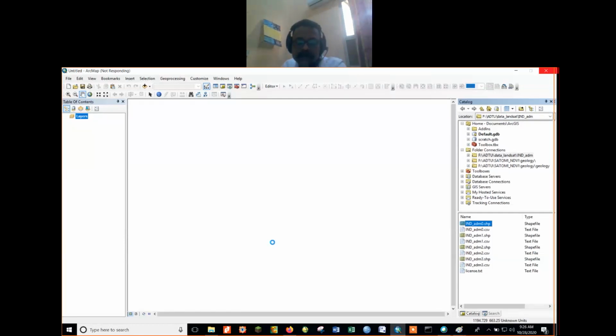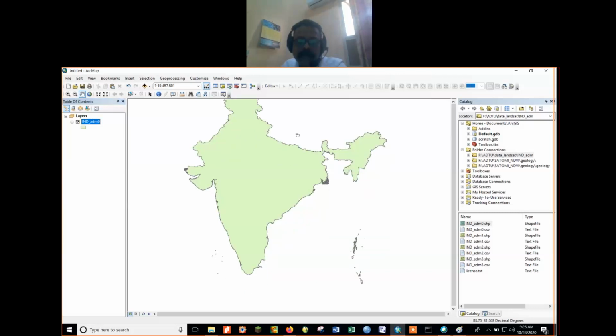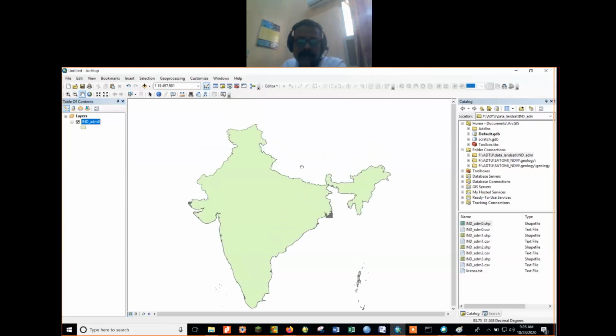Yes, so this is the available free open source data for India. This map is a little bit controversial, as you can see on the north, but since we don't have other sources of data right now, I will just proceed with this map.